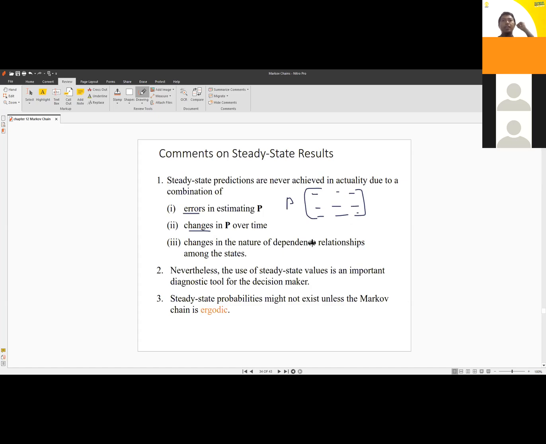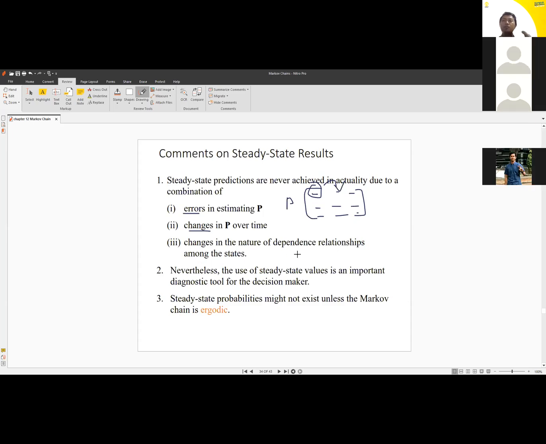It also changes the nature of the dependence relationship among the states.